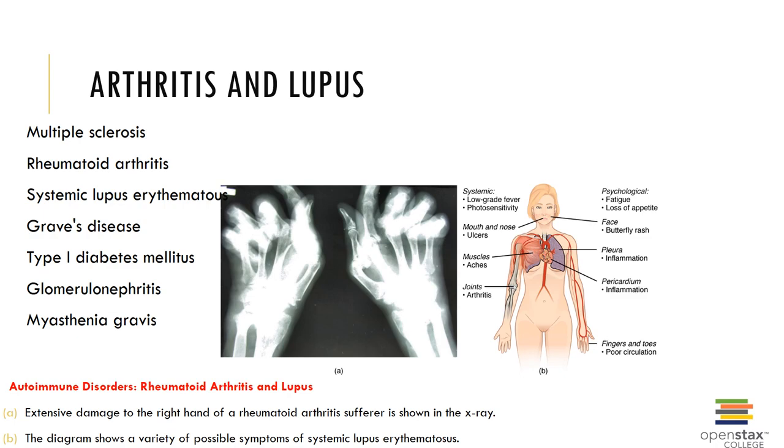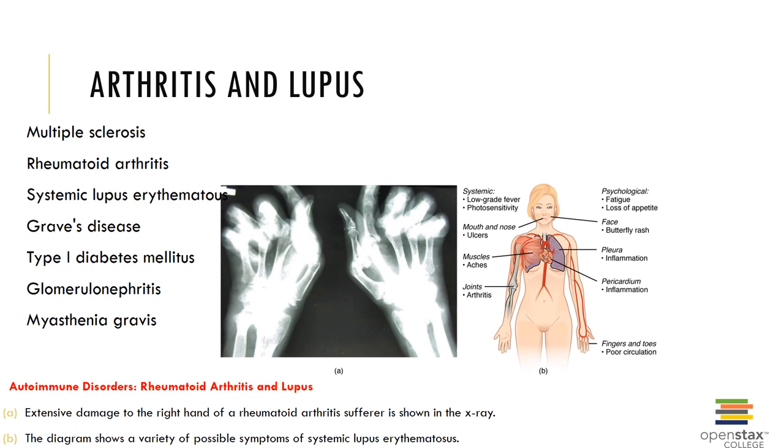Systemic lupus erythematosus is when autoantibodies attack many organs. Graves' disease is where autoantibodies attack thyroid tissue, causing an excess production of thyroxine, a thyroid hormone.